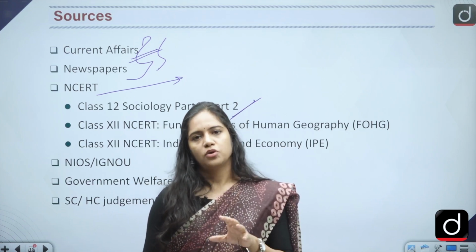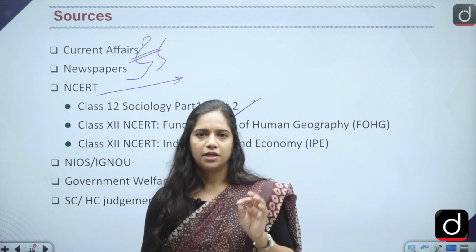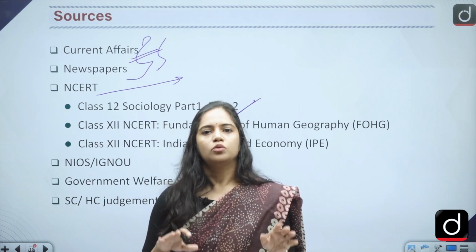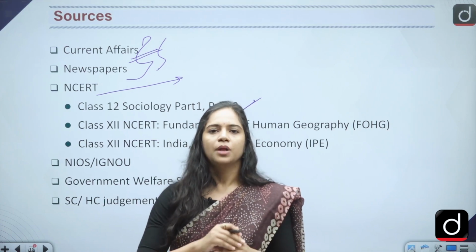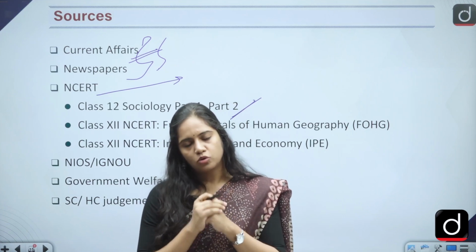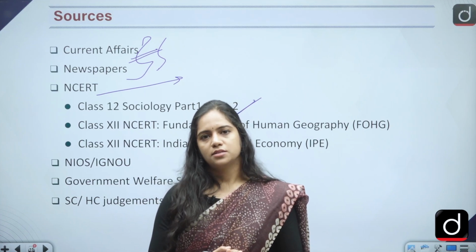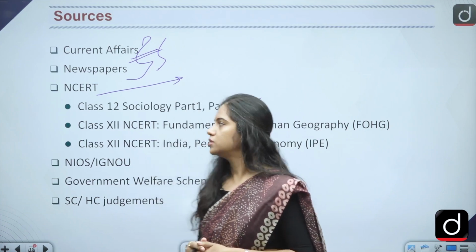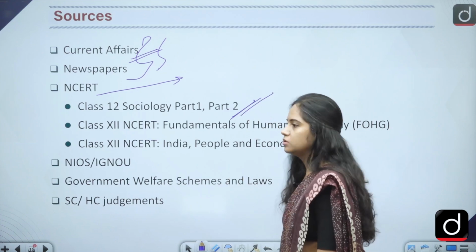And trust me, if you have read your NCERTs 3 to 4 times, and if you have made notes, there are no questions that are coming outside of it with respect to Indian society. You would be able to write so much better answers if you have done your NCERTs well. And this is the only source which I would continue to insist you, please do it.